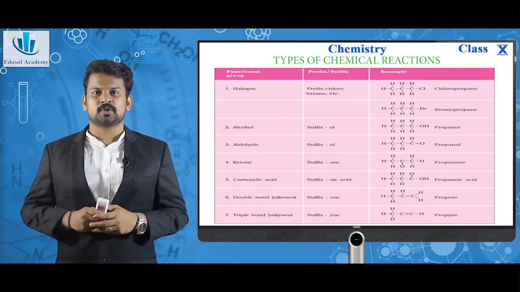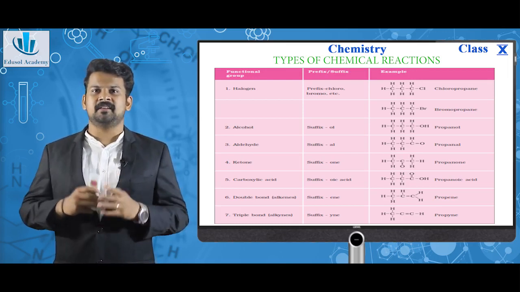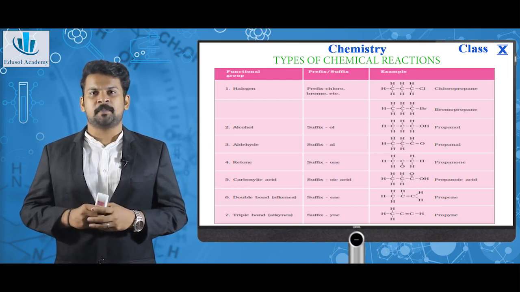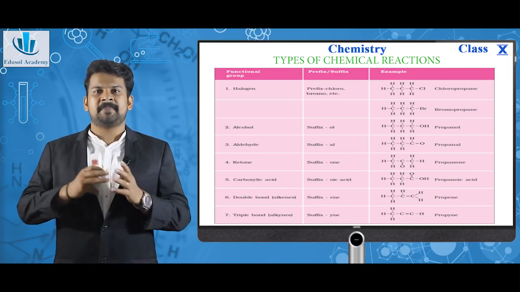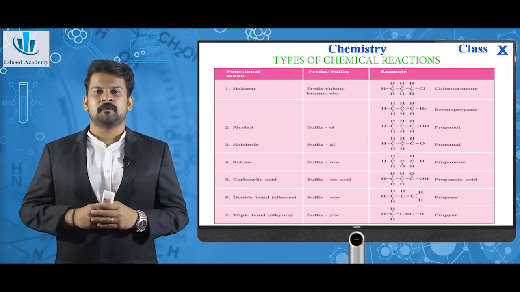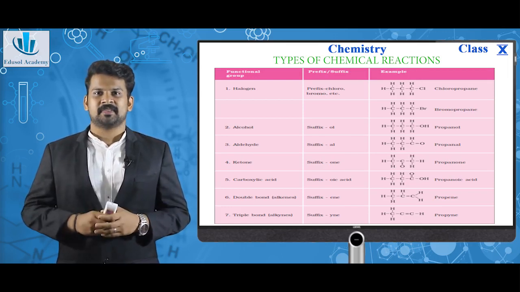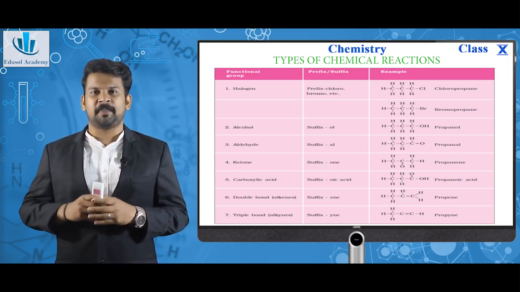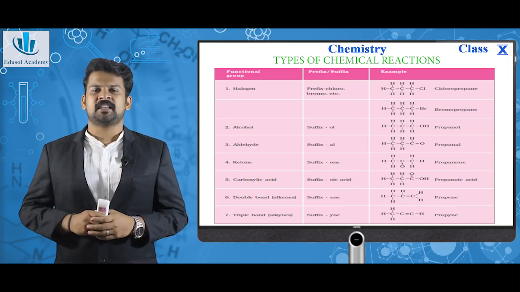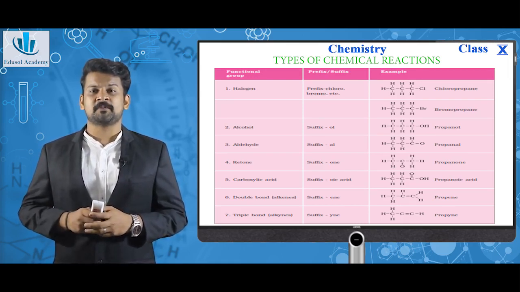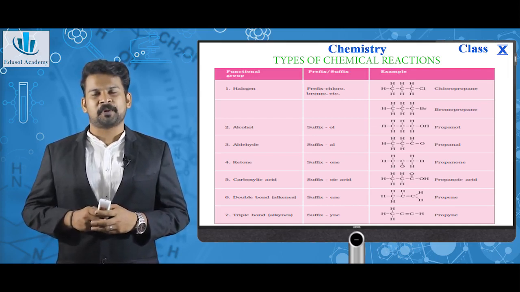It is saturated, so it is prop plus ane and it has the functional group CHO. So prop plus an plus al, which gives propanal. Similar is the case with propanone. When it comes with a double bonded compound, it is propene. When it comes with a triple bonded compound, it is propyne.